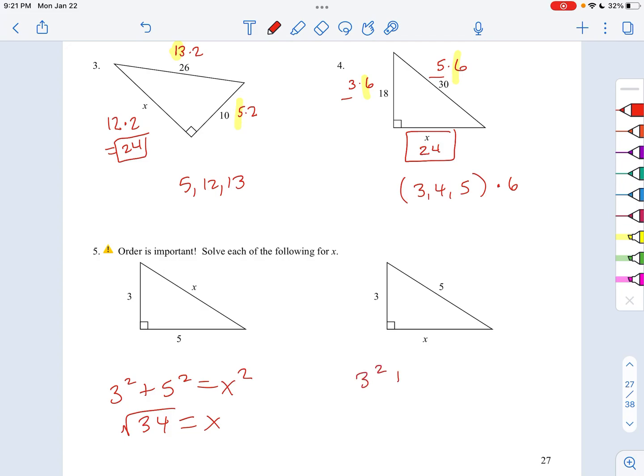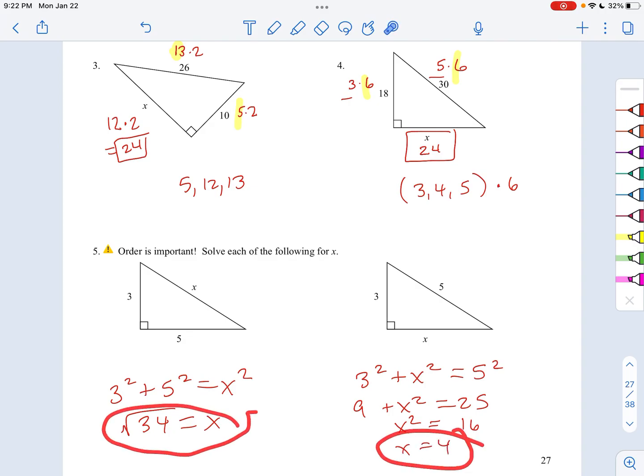Whereas here we do 3 squared plus x squared equals 5 squared. That gives me this. 25 minus 9 is 16. So then I get x equals 4. Is the square root of 34 the same as x equals 4? No, it's not.